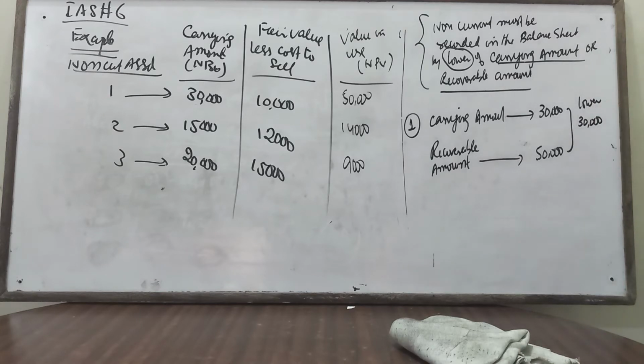Asset number 1 is recorded at 30,000 because 30,000 is lower than the recoverable amount. Since the recoverable amount is more than the carrying amount, there is no impairment loss here for asset number 1.